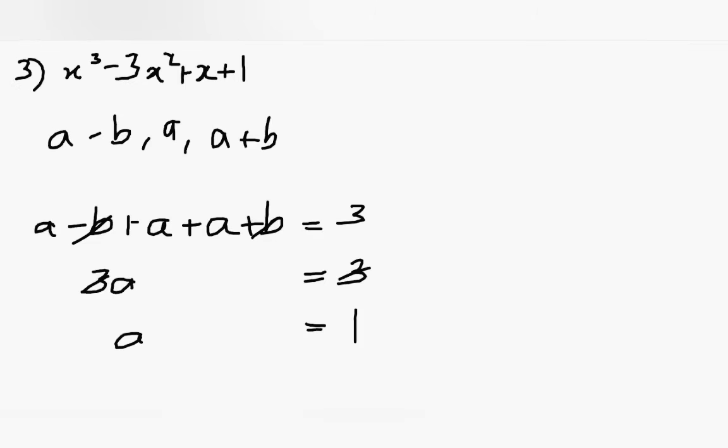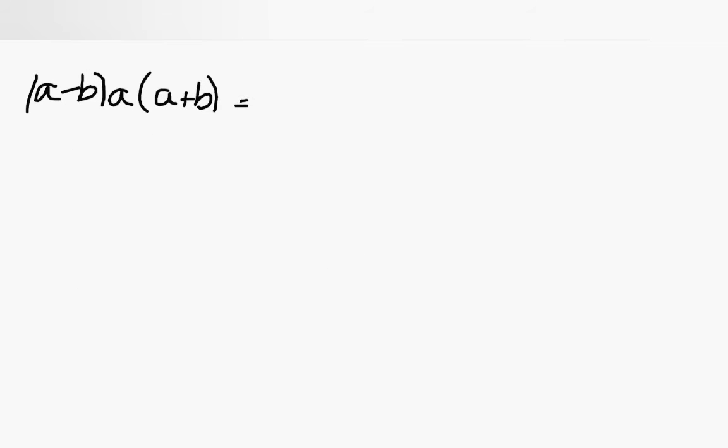Now when we multiply them, we get a minus b multiplied by a multiplied by a plus b is equal to minus of d upon a. Minus of d is minus of plus 1, that is minus 1. Now a minus b, a plus b is the identity, so a square minus b square, the whole into a, is equal to minus 1.